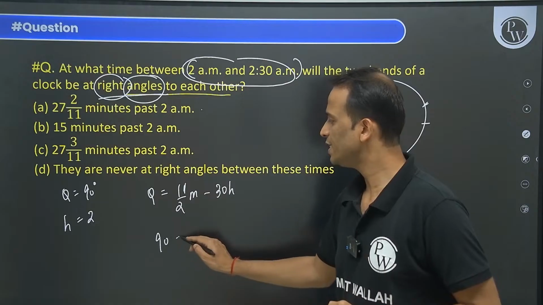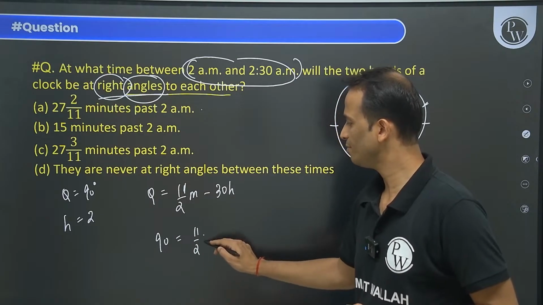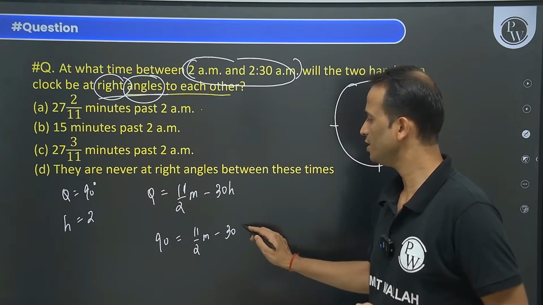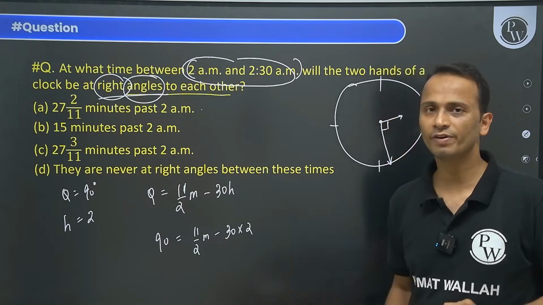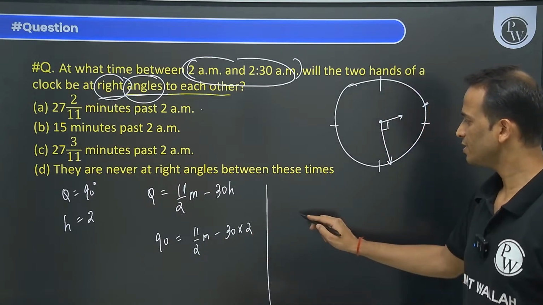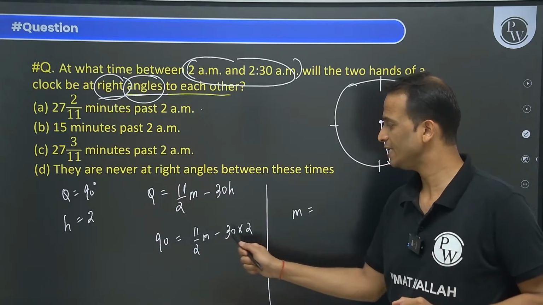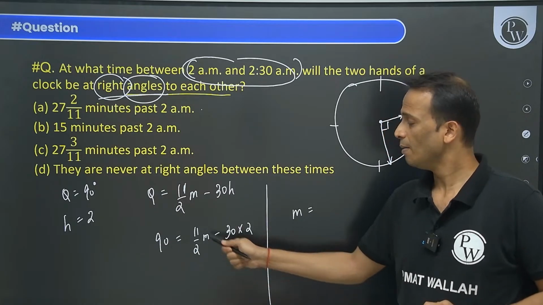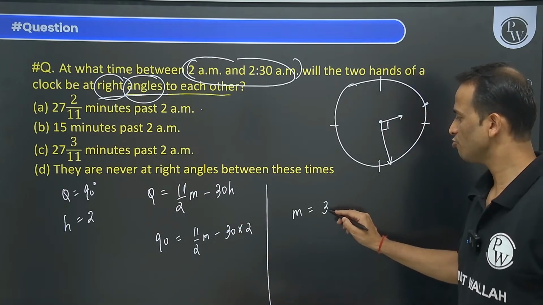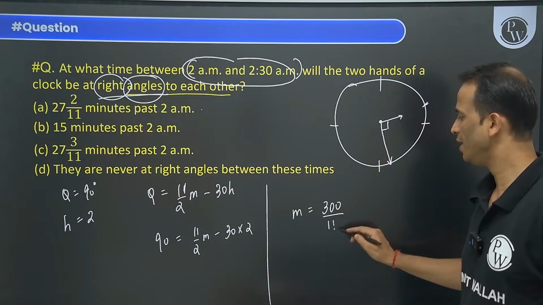So theta, which is 90, is equal to 11/2m minus 30 multiplied by 2. The value of h is 2. Now simplifying this, what value of m will we get? 90 plus 60 will be 150, multiplied by 2, that is 300 divided by 11.